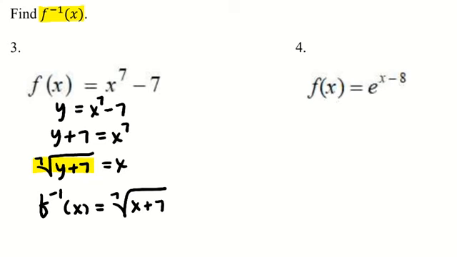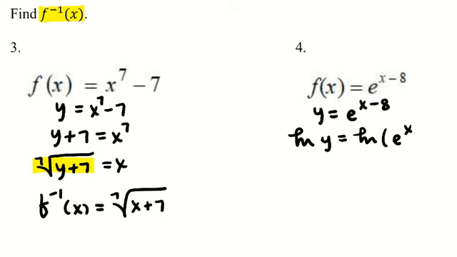Over here, I've got y equals e to the x minus 8 power. And I know that if I want to get a variable out of an exponent, I'm going to need to use a logarithm. So I'm going to take the natural log of both sides, base e log. So the natural log of y is going to equal the natural log of e to the x minus 8.